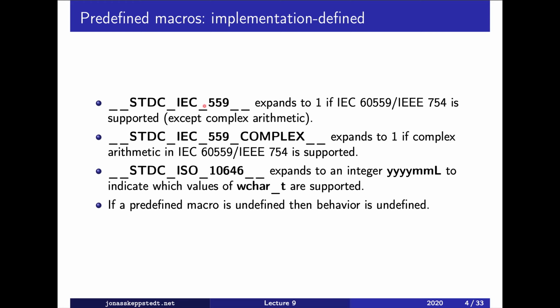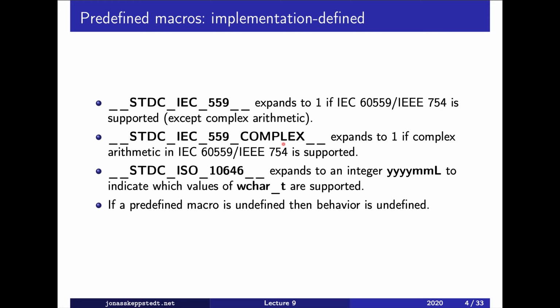If this one is defined, then it means that the floating point environment follows the IEEE standard. Basically that means it's the same as most other languages use. Well, Java is not exactly following this standard, but Fortran and Python and many other languages do. This is extremely common that the hardware does this.